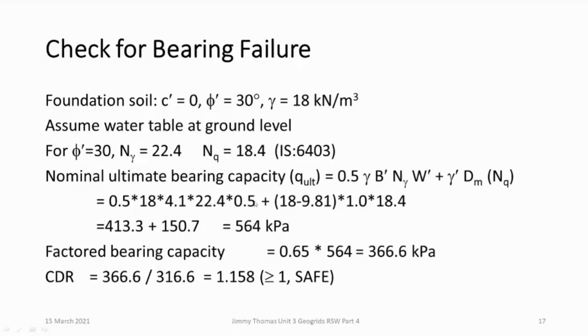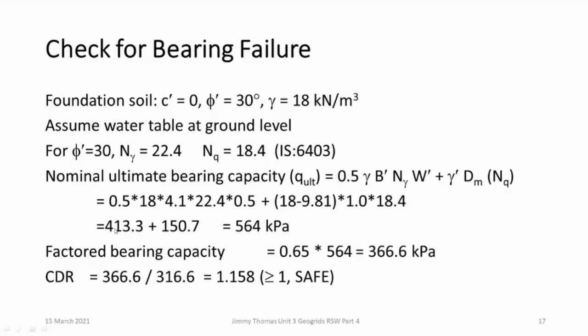If you do the design as per MSEW, you will get only this lower value because the program does not take this factor. But we have an option. The program has an option to enter the ultimate bearing capacity, so we can do it two ways. One is we enter c, phi, gamma, etc., and use the program to calculate the ultimate bearing capacity, but it will calculate this value, 430.